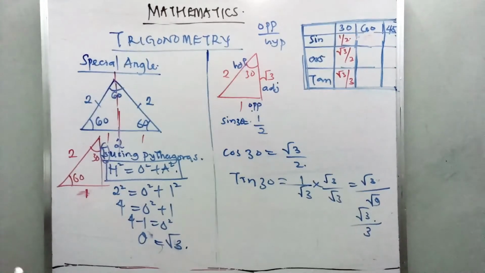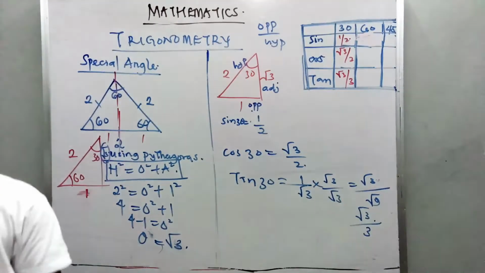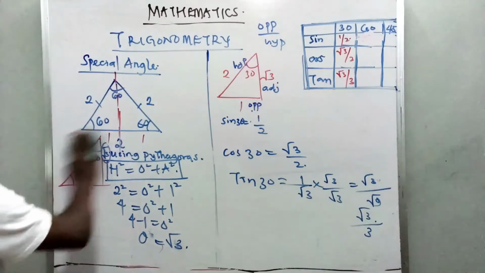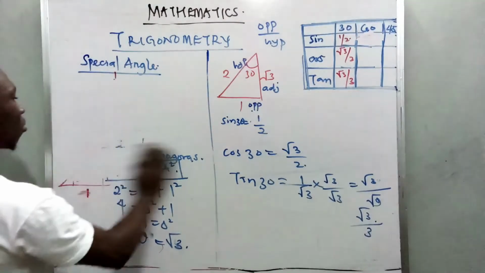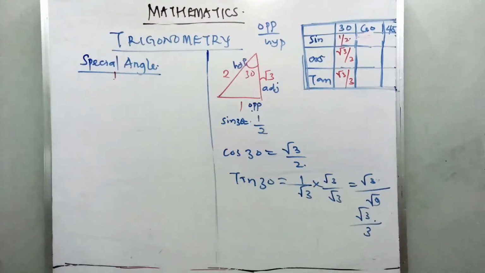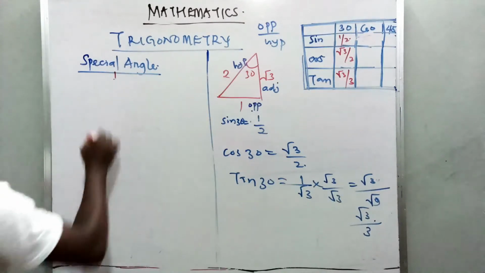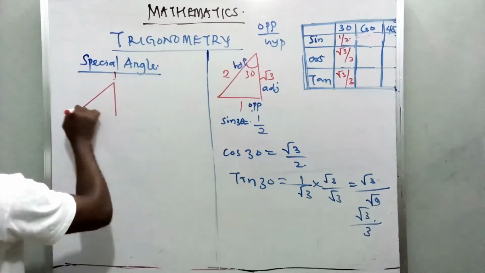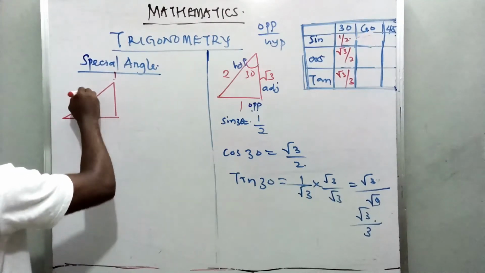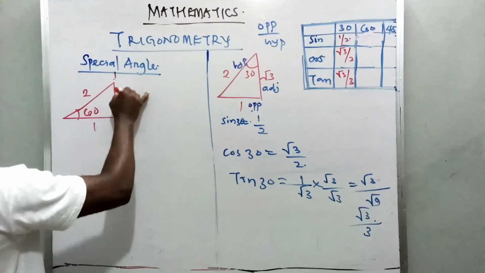Now, since we've done 30 degrees, let's proceed to what? To 60 degrees. So, proceeding to 60, we now have what? A new diagram. Here is now what? 60 degrees. Then this is 2, this is 1, and this is what?